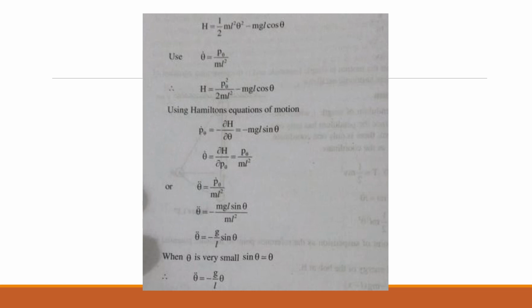So on substituting, theta dot can be replaced with p theta by m L square. So p theta square divided by 2 m L square. One more L square was there, but that is cancelled with the L square that already existed there.